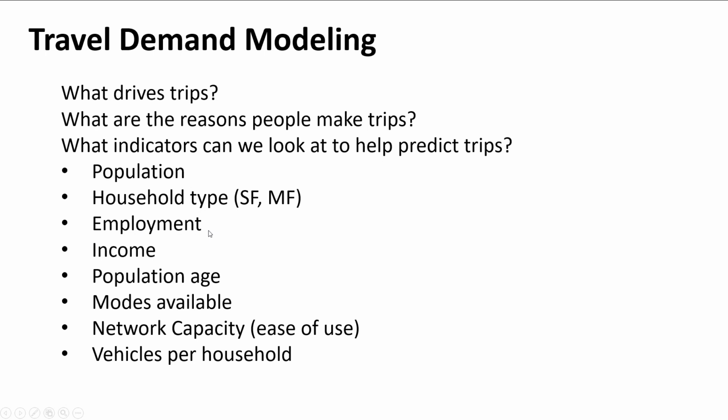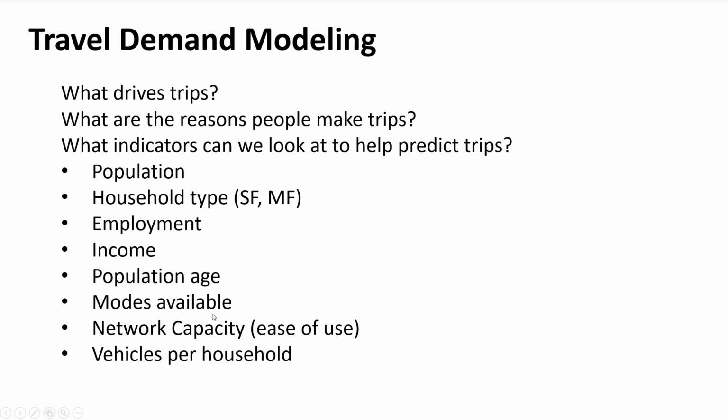If there's high employment, if you're near a business, factory, manufacturing center, you're going to get a lot of trips coming into that. Income level makes a difference in how many trips people make and what mode they choose. The population age, right? People 70 plus don't travel as much as younger families would.